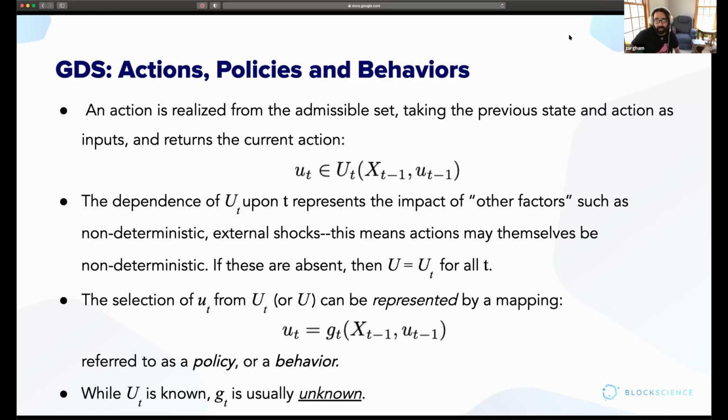And we had to adapt it to account for what happens in blockchains, but ultimately we settled on the GDS framework, which extends well beyond blockchains.